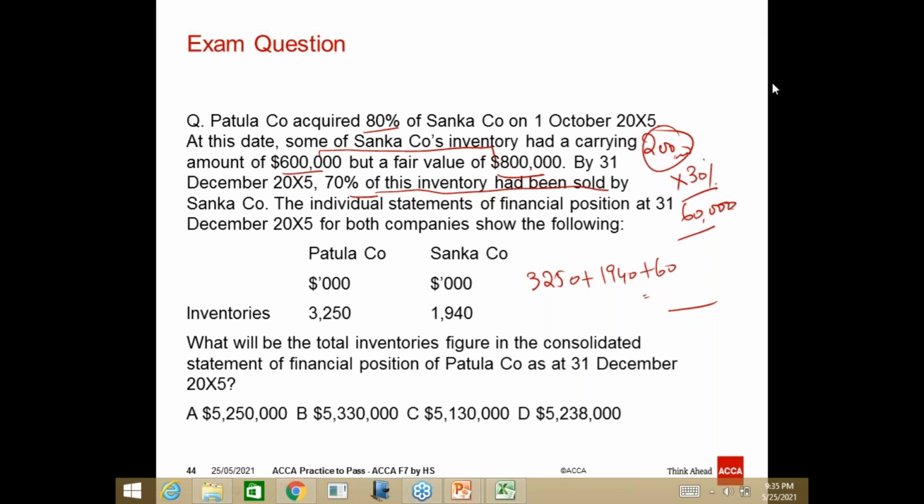Yes, inventory should be measured at the lower of cost and NRV. That's true. But it is the measurement of IAS 2, which will be applied on a single company.